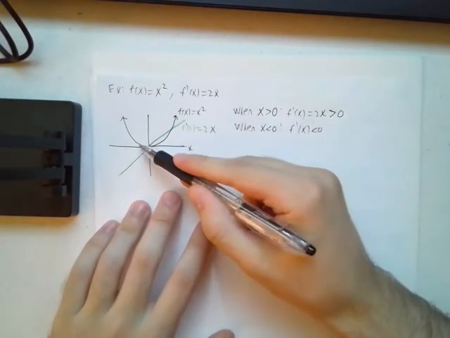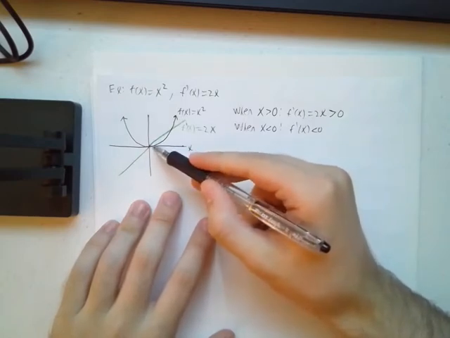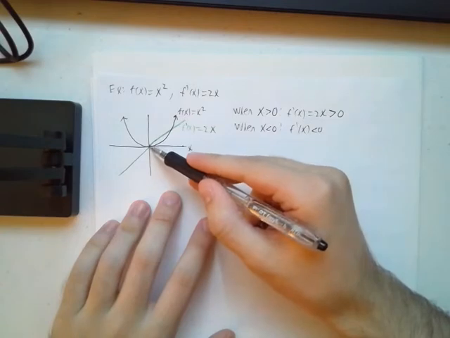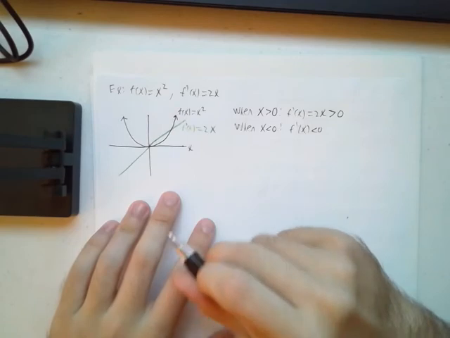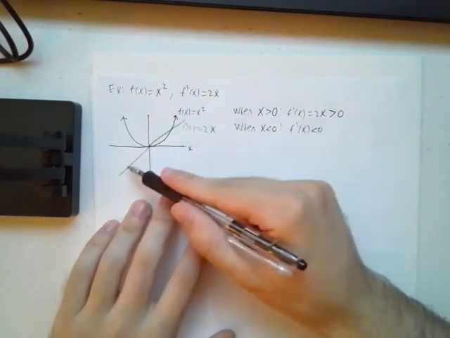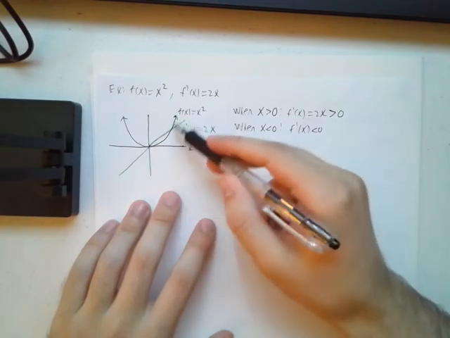There's a horizontal tangent line, and it's neither increasing nor decreasing at 0. It's flat. So just based on drawing this green line here, we can sort of predict how the function f of x is behaving. And this is true in general.